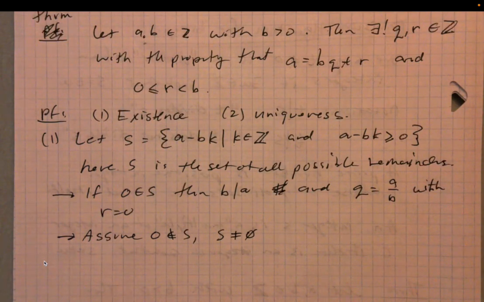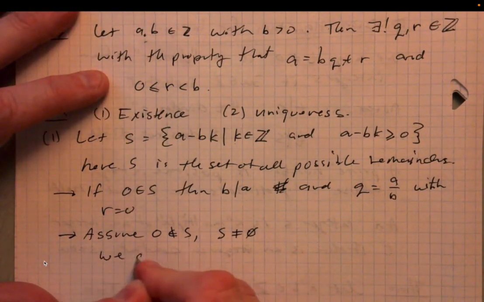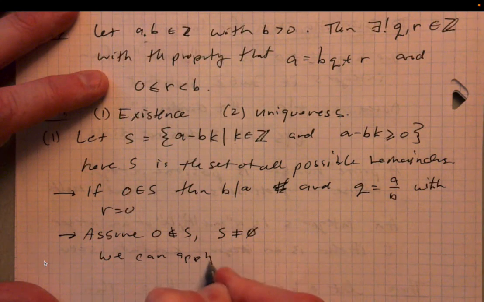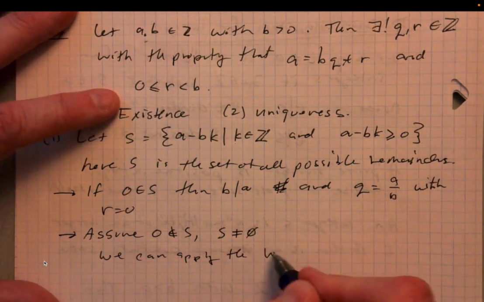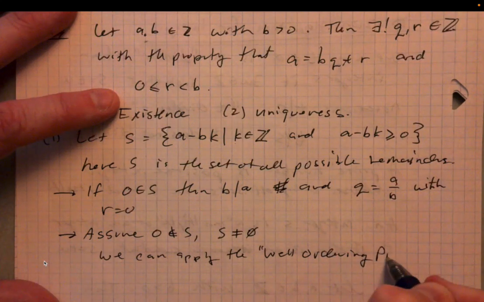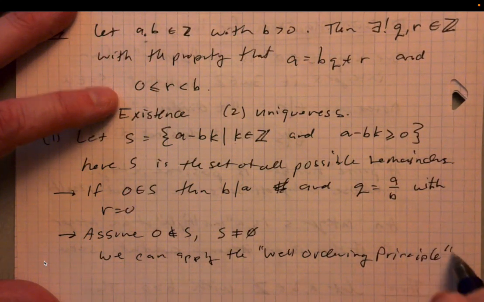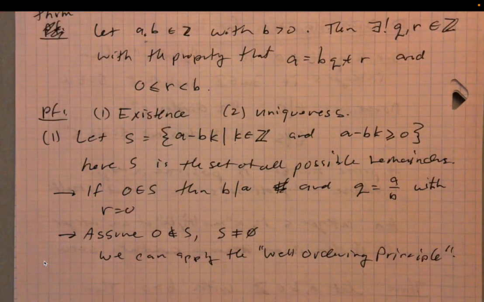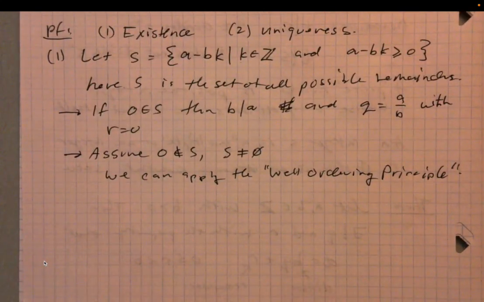And because S is not equal to the empty set, we can apply the well-ordering principle. What did the well-ordering principle say? Well, it says that given a non-empty set, there's a smallest member.